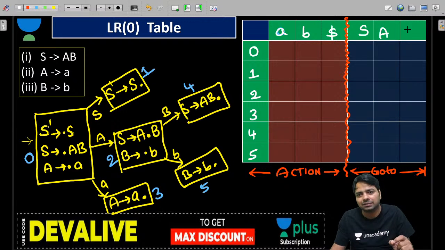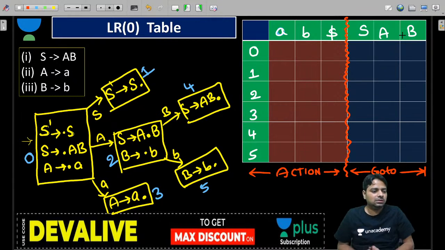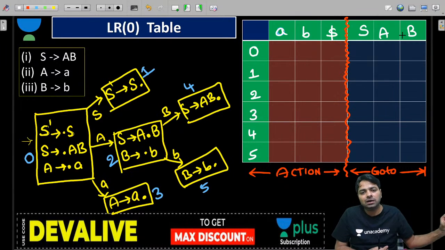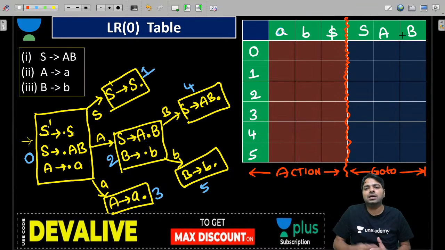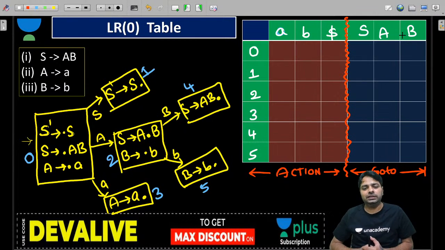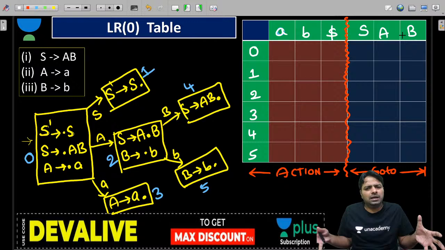We have 3 non-terminals, so 3 columns. The action part corresponds to the rows versus terminals, and the go-to table corresponds to the rows, the number of states, versus the non-terminals. Yes, go-to table and action table, we can mix up.